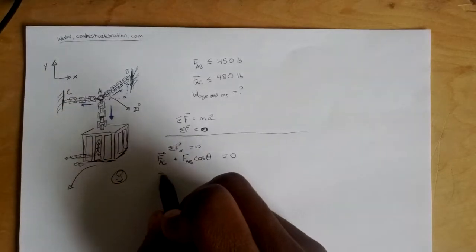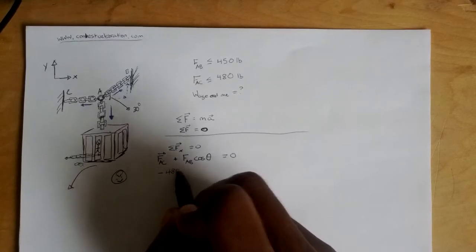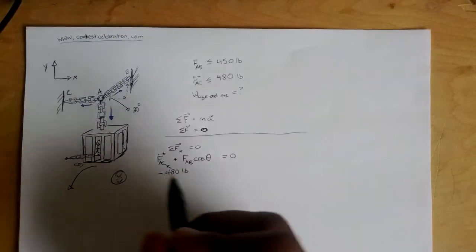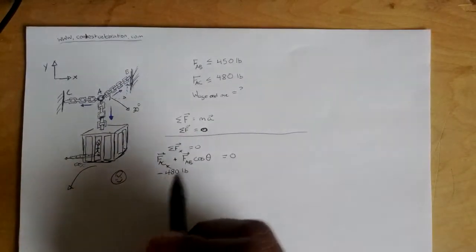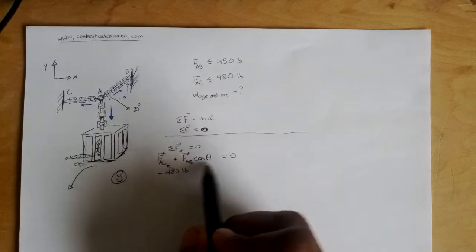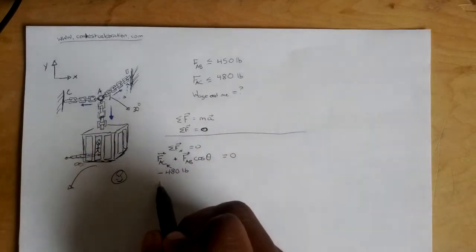So minus 480 pounds is what we're going to plug in. I'm just going to write that here so we don't forget. But a great technique for solving for something is to plug in your numbers after you've solved the equation for what you're looking for. And I'll show you how that works.